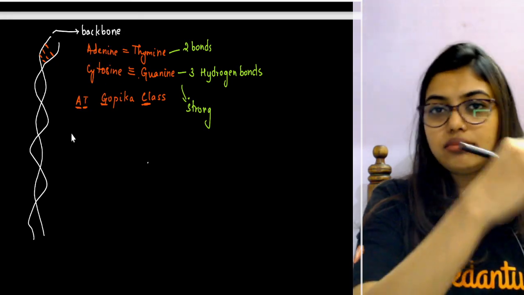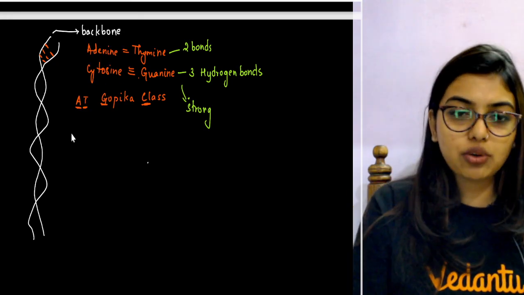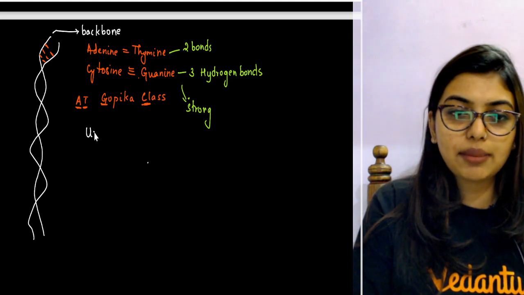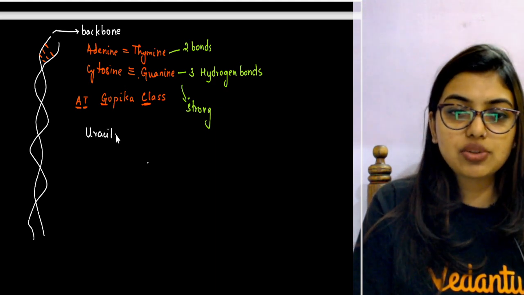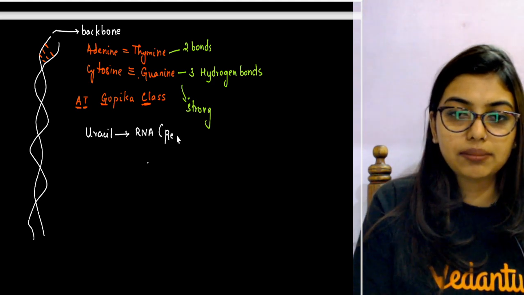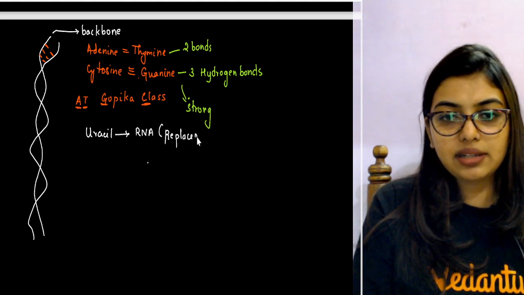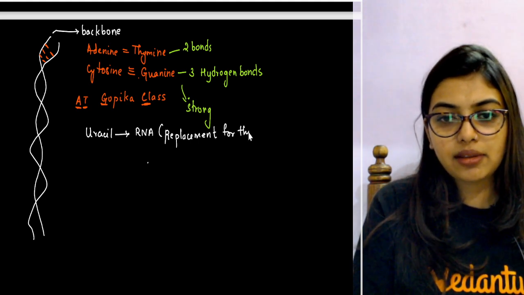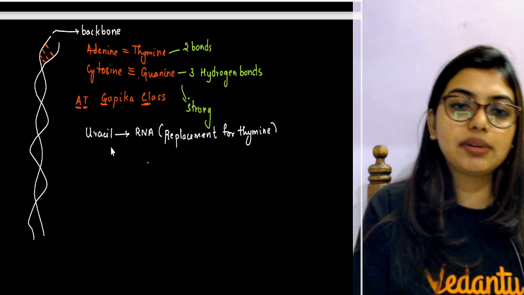So adenine, thymine, cytosine, guanine, I hope all of you understood. Now you will be thinking, ma'am, you left uracil. Yes, because uracil is present only in RNA, and it is a replacement for thymine.